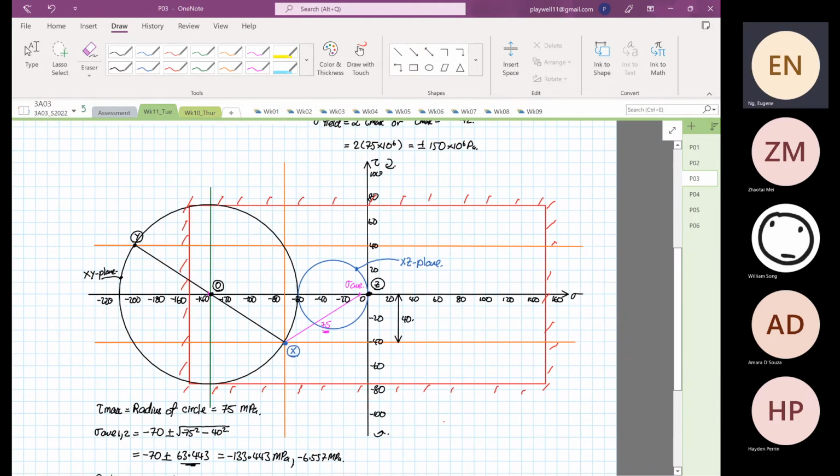And then one more circle that I'm going to construct in red.